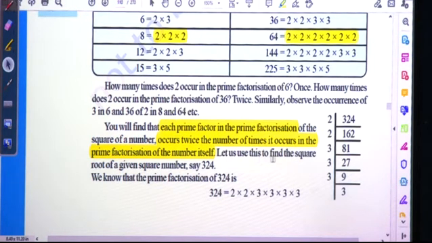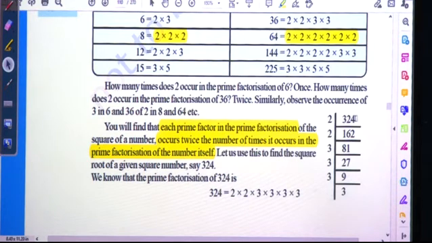Let us use this to find the square root of a given square number, say 324. Prime factorization of 324, by the prime factorization method, we are starting with 2.